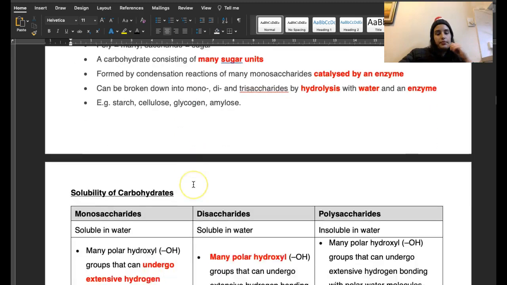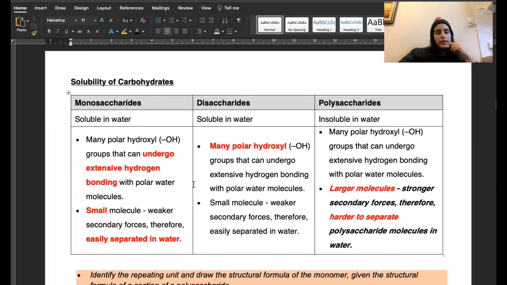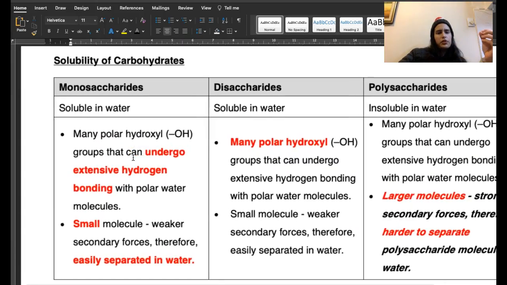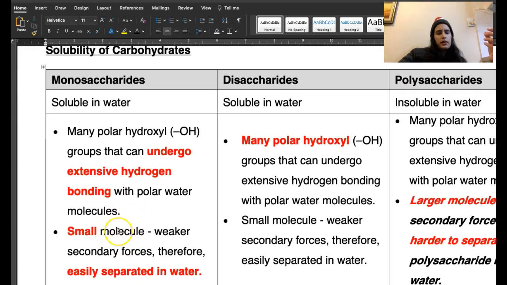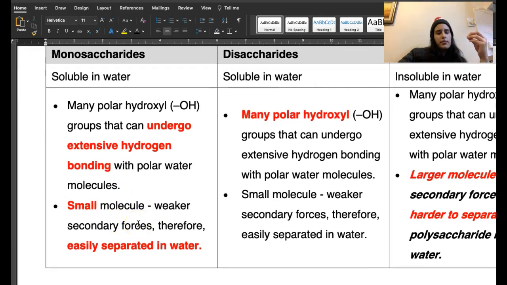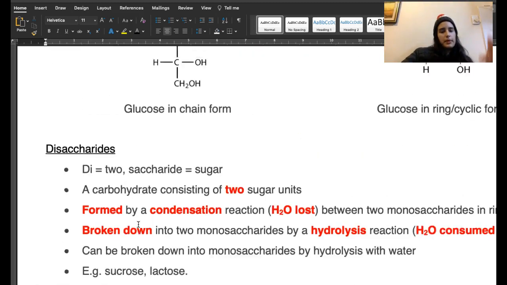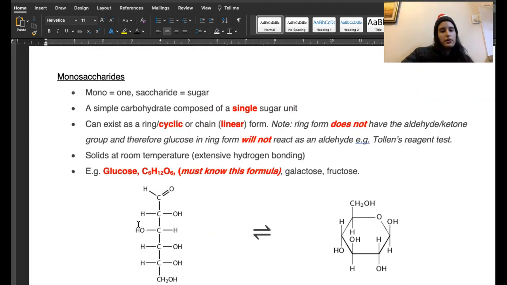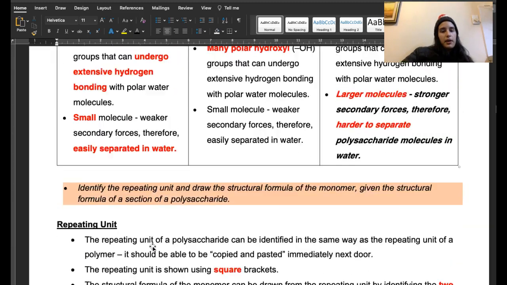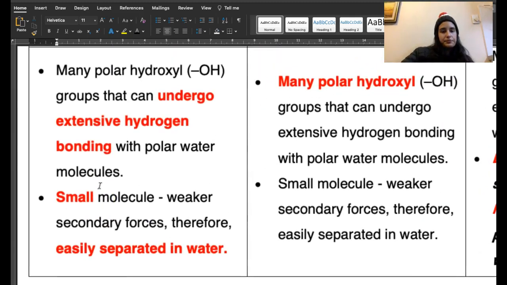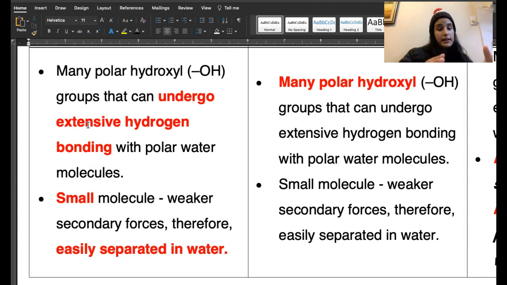So if we think then about the solubility, monosaccharides are small. Remember I talked up here, they're a solid because of the extensive hydrogen bonding. But if we're talking about solubility, that's a different thing from being a solid. We're talking about their relationship with water.